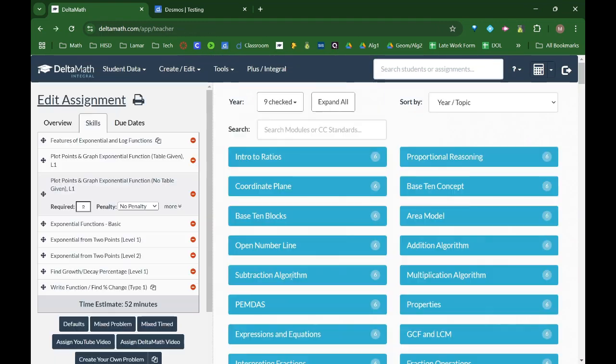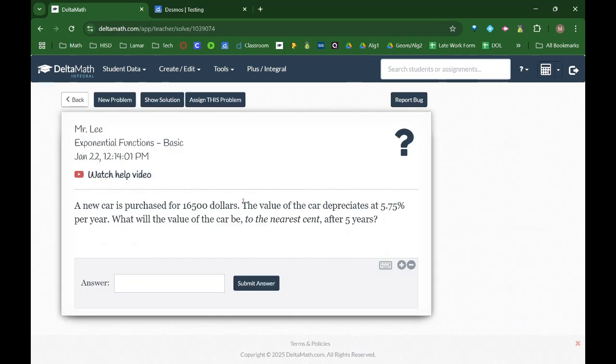Cool. Okay. So we've gone over how to identify features in exponential graphs and how to graph them. This next problem is going to require us to use a different type of formula here.